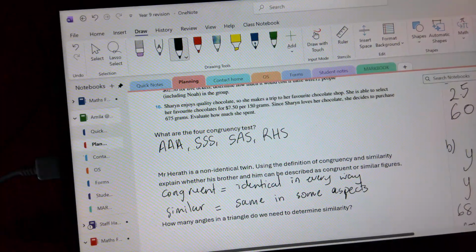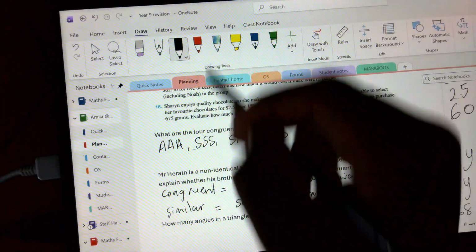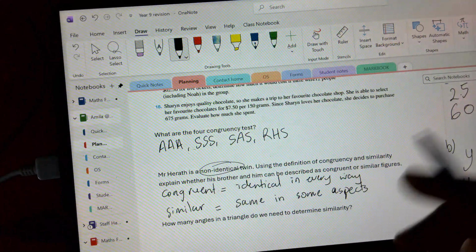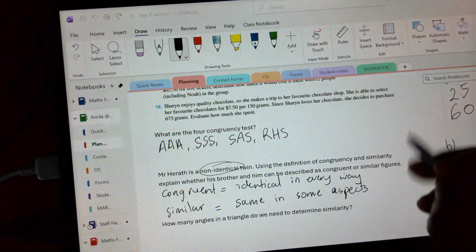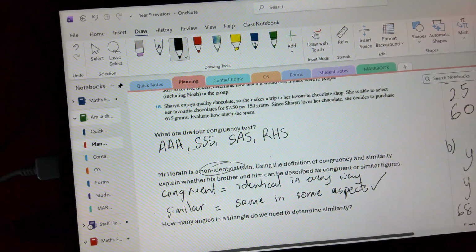Since my brother and I are, key term here is non-identical, we would be similar twins or similar figures.